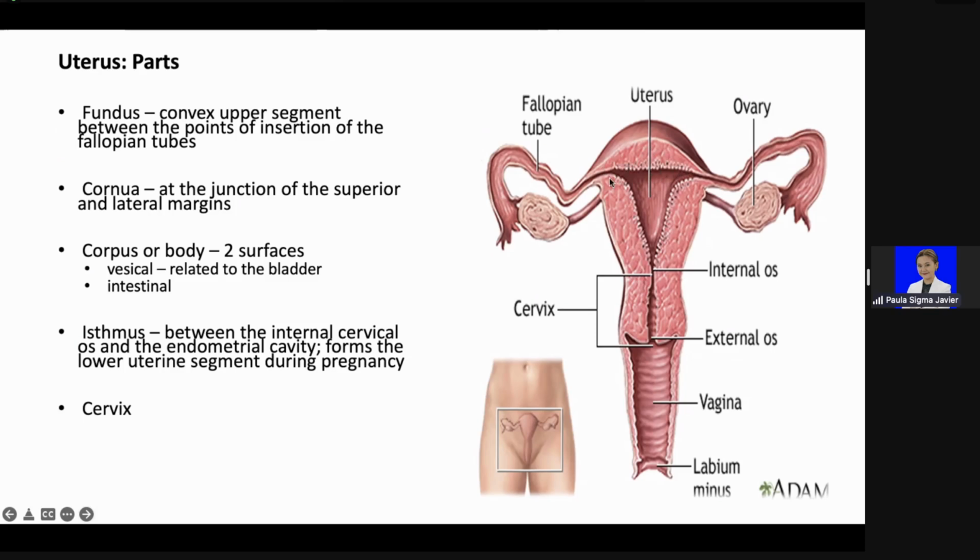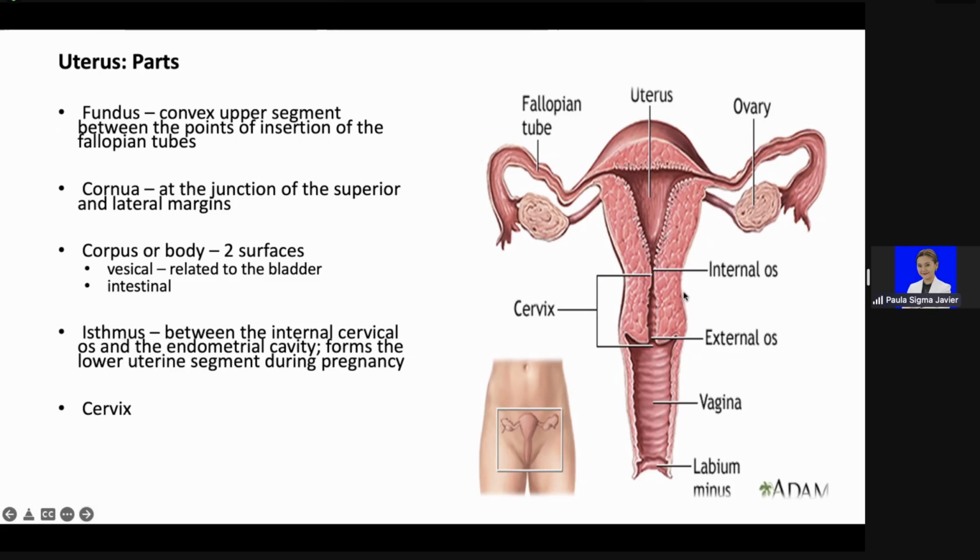The cornua at the junction of the superior and lateral margins, cornua here. The corpus or the body, which has two surfaces. The vesicle anteriorly, which is related to your bladder. Always, when you see the word vesicle, you always think bladder. Okay, vesicle related to the bladder. Intestinal posteriorly related to your rectum.